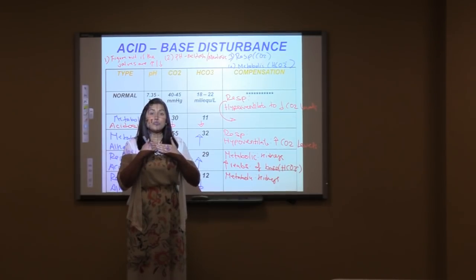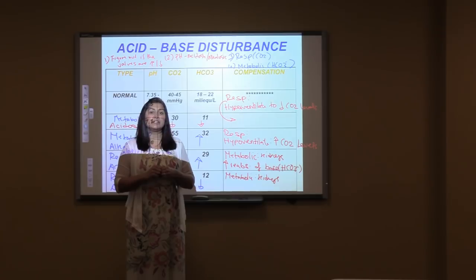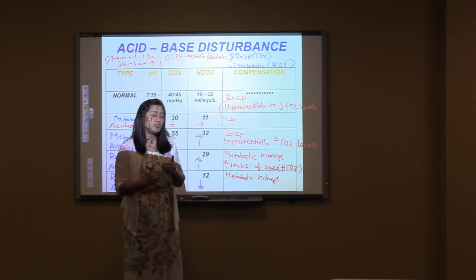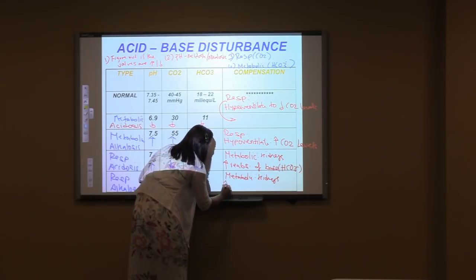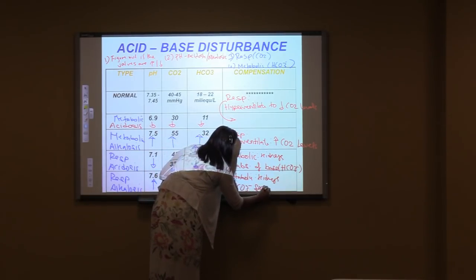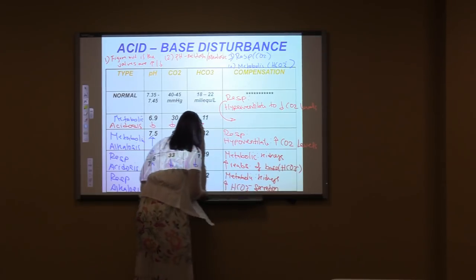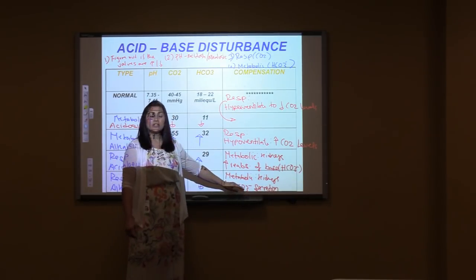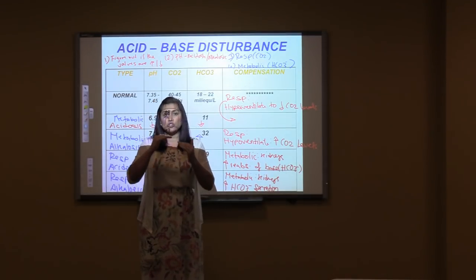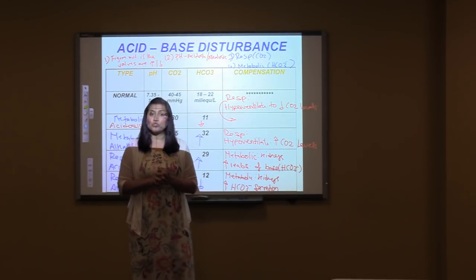It will actually increase the secretion of bicarbonate in your urine. So basically, you're getting rid of your bicarbonate. And once you get rid of your bicarbonate, your pH goes back down, bringing your pH back towards neutral.